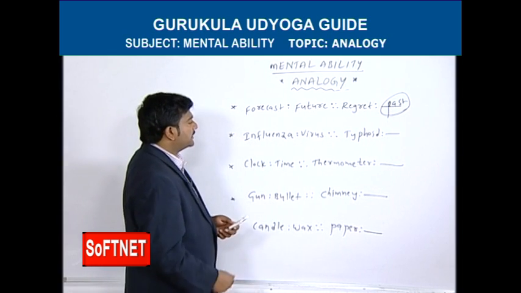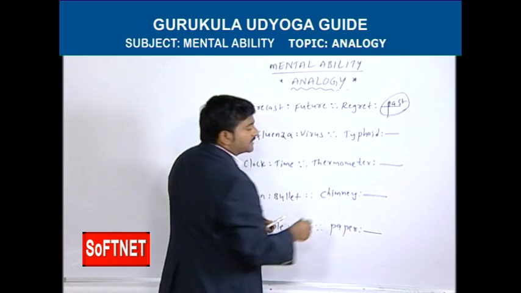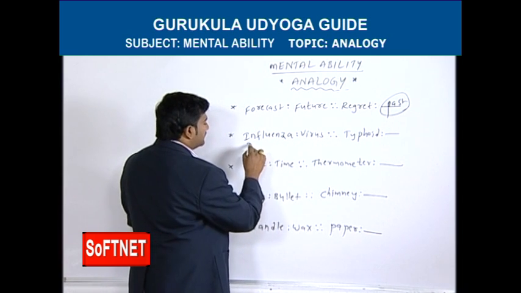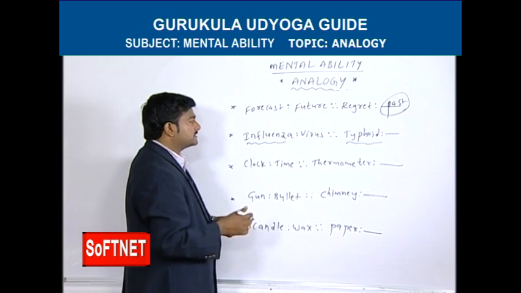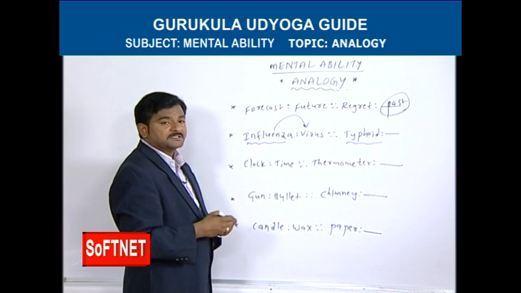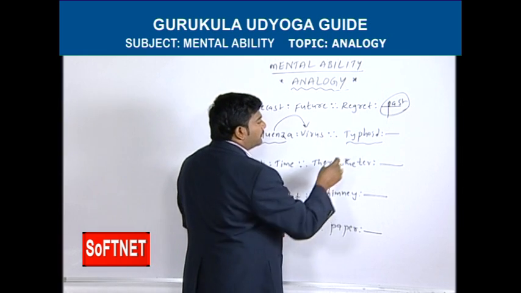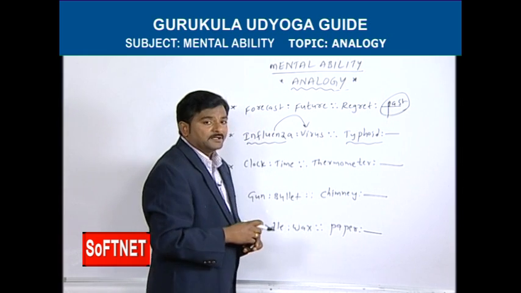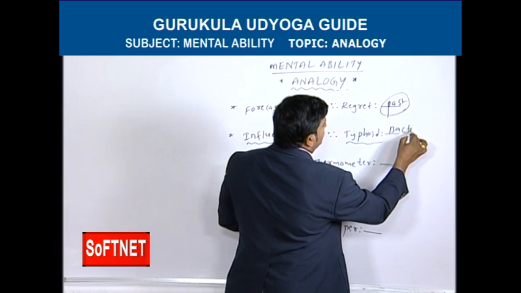Now observe here: influenza, virus; typhoid, dash. This is clear. Influenza is a disease, typhoid is also a disease. The disease is caused by a virus. Influenza disease is caused by virus. Similarly, typhoid is caused by bacteria.